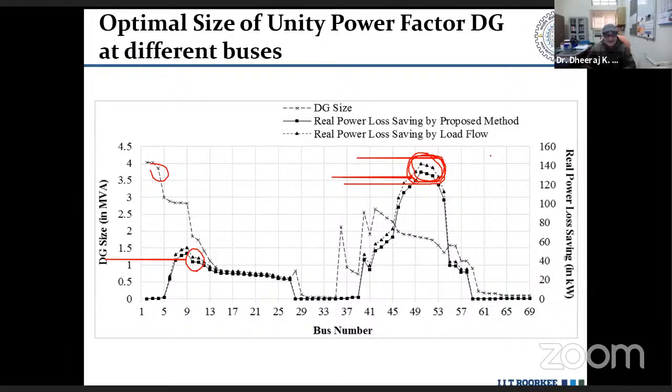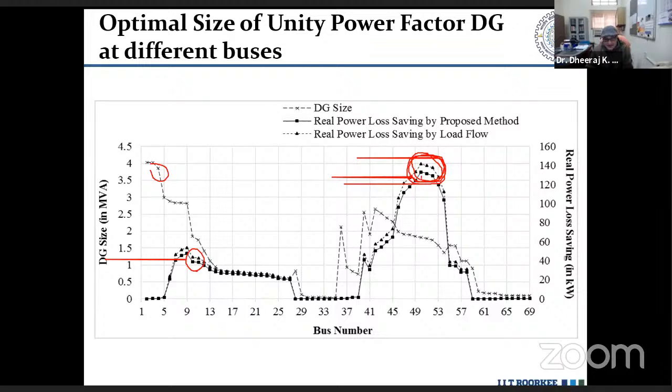Otherwise, the expressions will be a little bit complicated. So to simplify, we have not considered the voltage variation. So that is why we are getting slightly different results as by load flow. But trends are similar. So we can use this developed approach for identifying the suitable buses for DG placement.